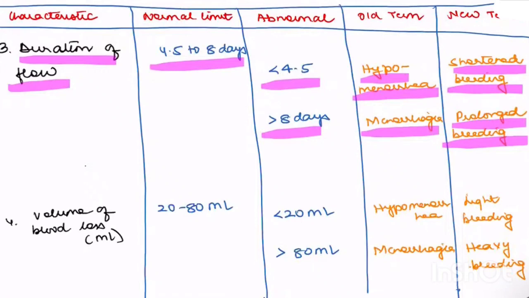Then volume of blood loss. Normal volume of blood loss is 20 to 80 ml. If blood loss is less than 20 ml, which earlier was called hypomenorrhea, now we call it light bleeding.